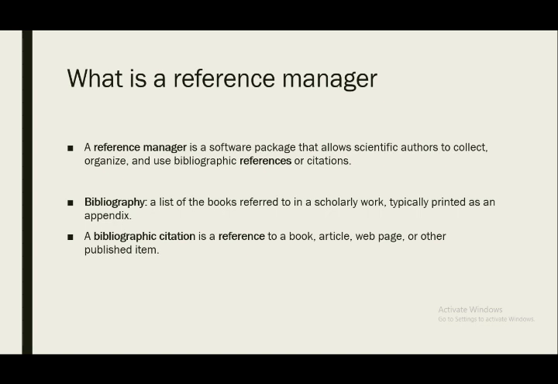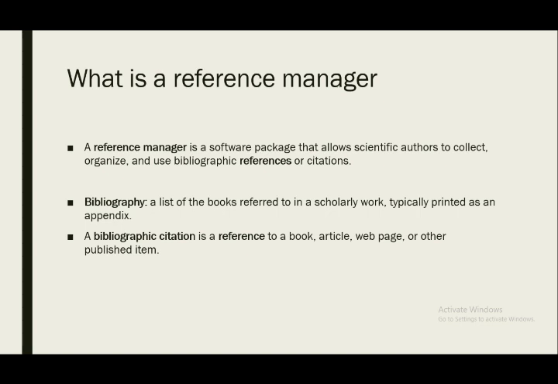A bibliography is the list of literature, including books, research articles, review articles, or any other material that is used during the preparation of a script. That could be a thesis or a research paper that you are writing.